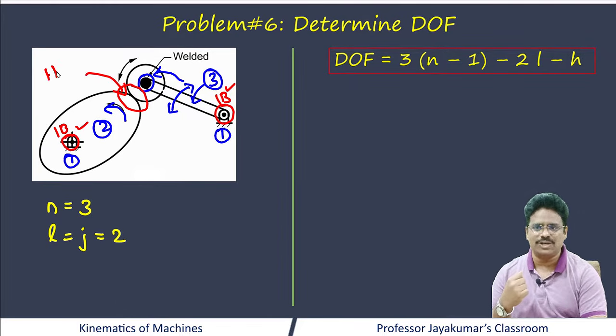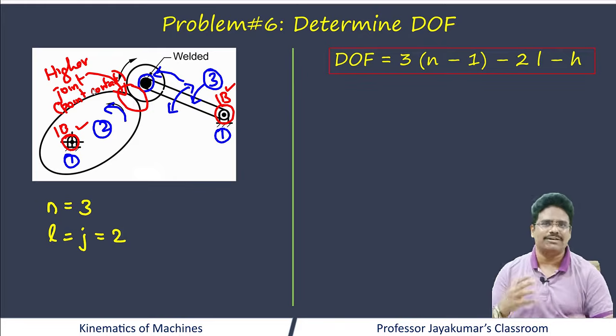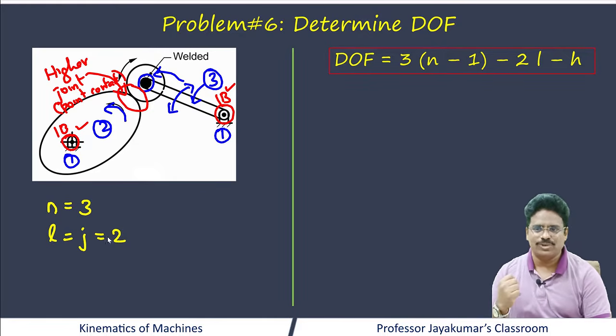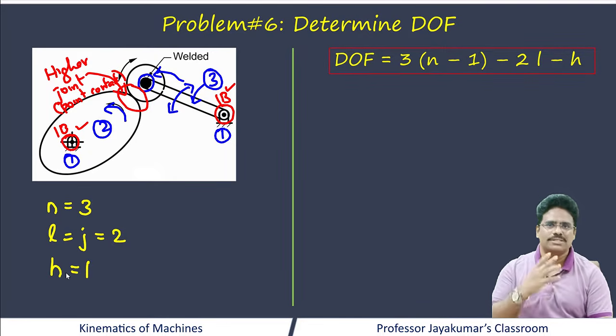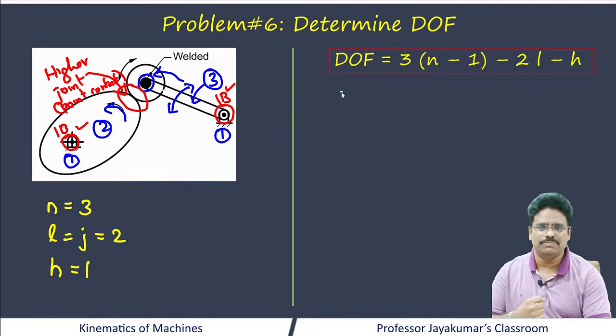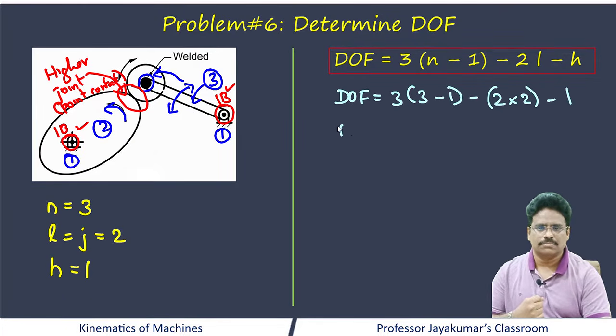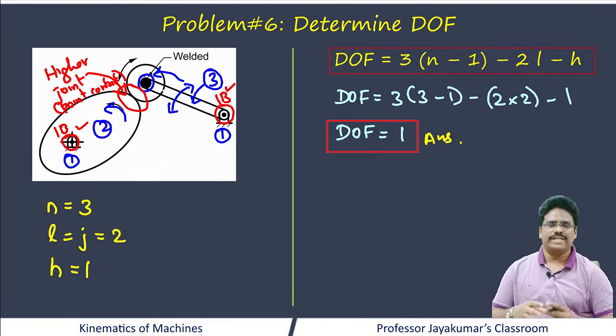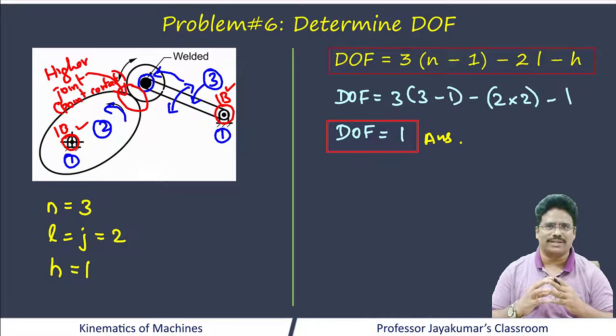This type of joint is a higher pair joint because it has point contact or line contact. Therefore, in this problem, we have h is equal to 1. Substituting that value, we will be getting the degrees of freedom value. So we get degrees of freedom is equal to 1.